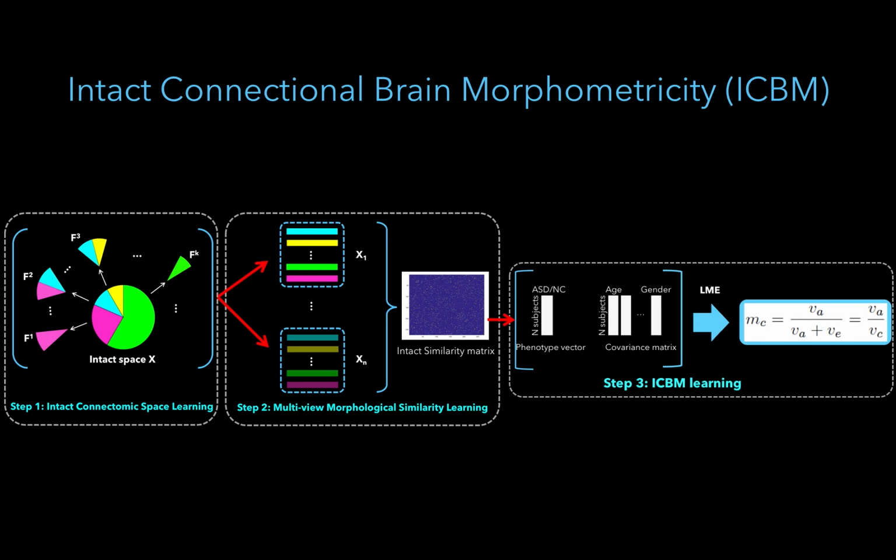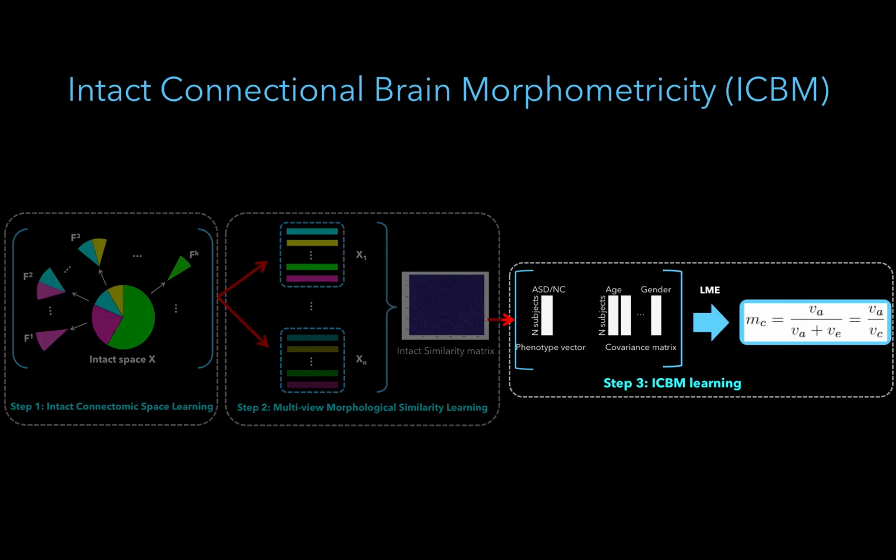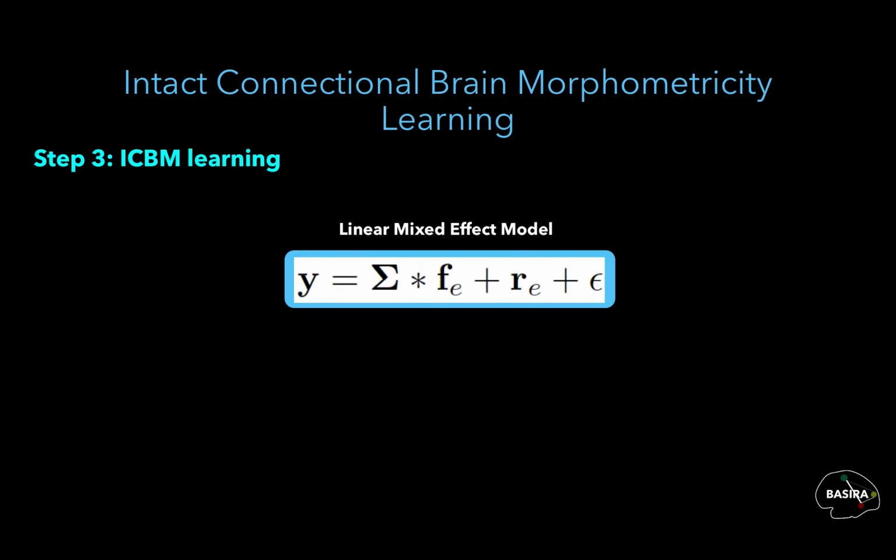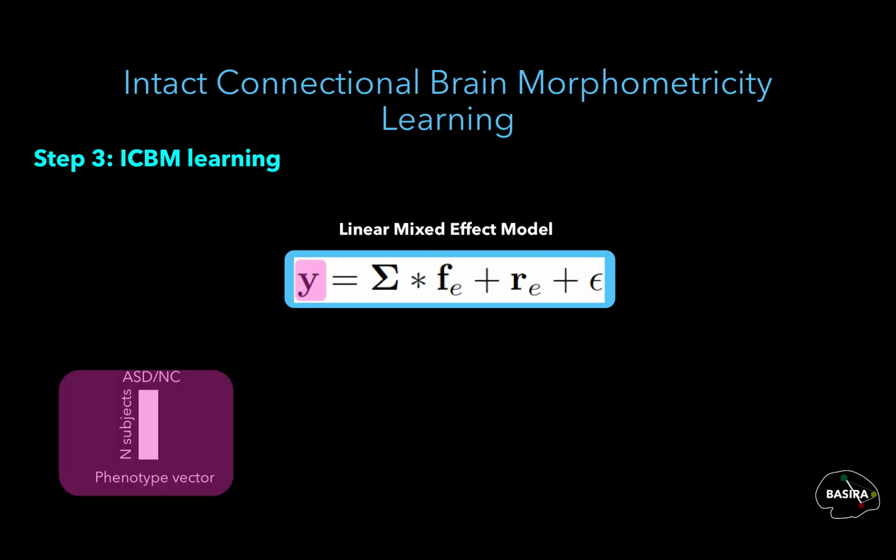So the last step of our framework is ICBM learning. Here we fit a linear mixed effect model described by this equation, where Y denotes the phenotype vector that describes the clinical state of samples, for example, healthy or disordered subjects.